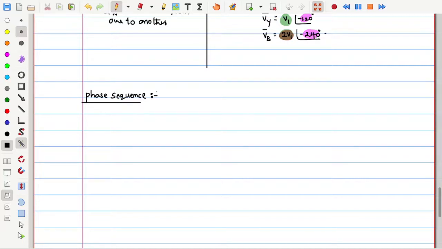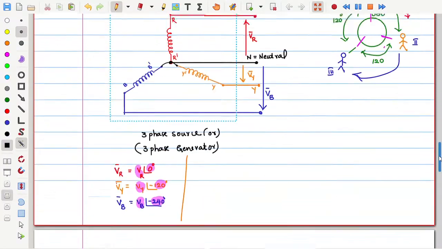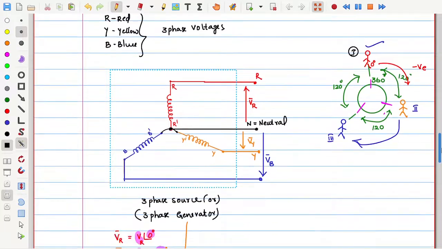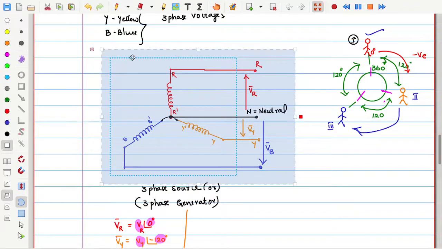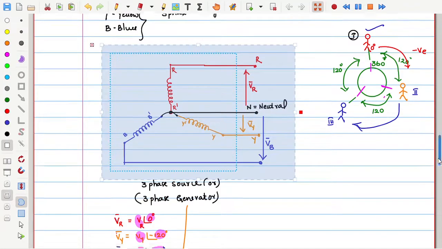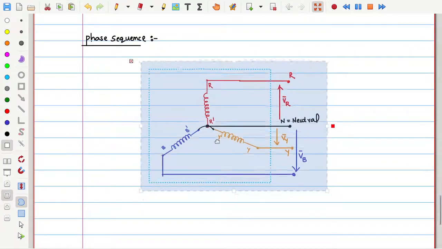So let us see how the phases are sequenced here. For that, let me take this diagram again, and we can do the analysis in this way. To understand the phase sequence, it is a simple thing.